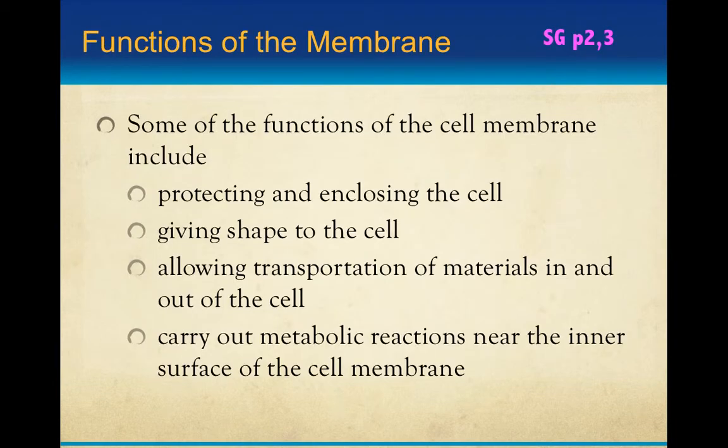Other functions of the membrane, besides selecting what may or may not enter, are that it protects the cell. It encloses the cell and gives it a shape. And there are some metabolic reactions that occur along the inside surface of the membrane. And again, big role, it selects what may and may not enter the cell.